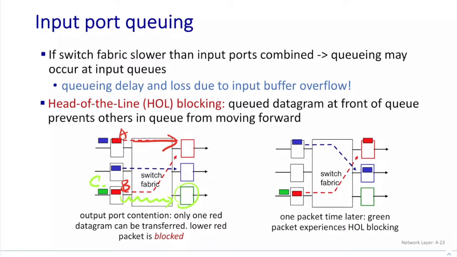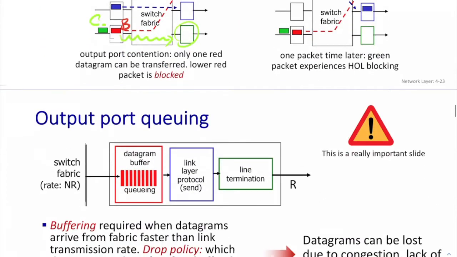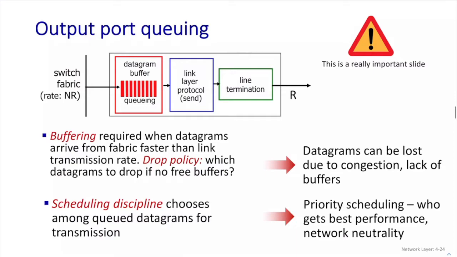That would be more efficient. So there are a lot of different situations about queuing. Queuing is a very important thing in a router. Okay, so let's take a look at some problems of queuing.